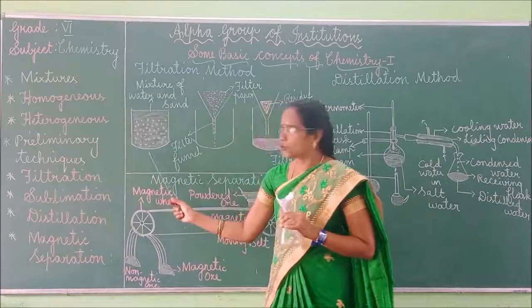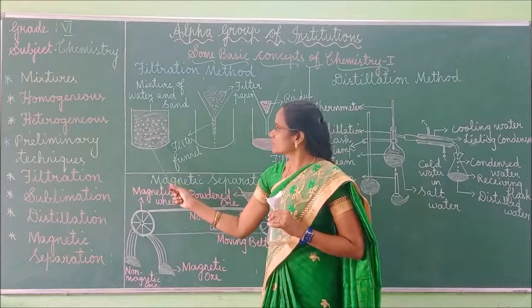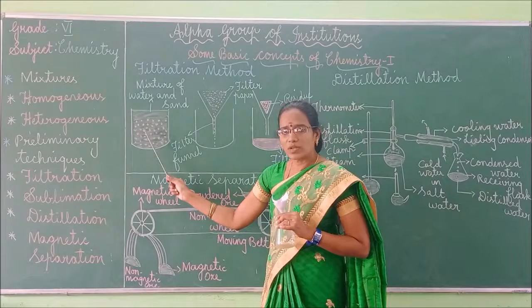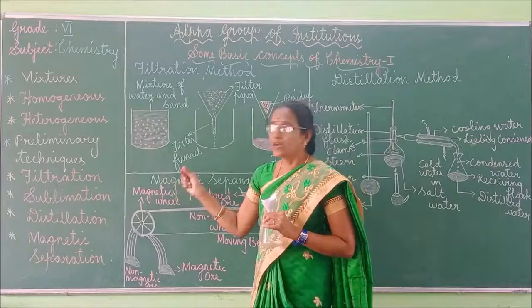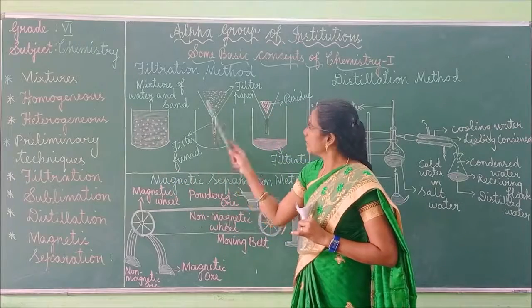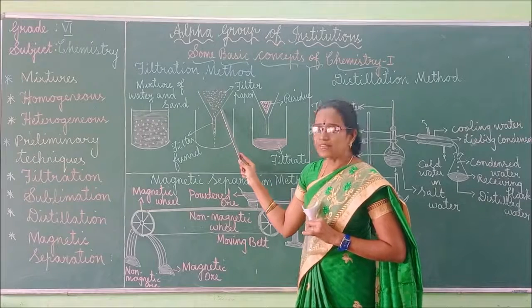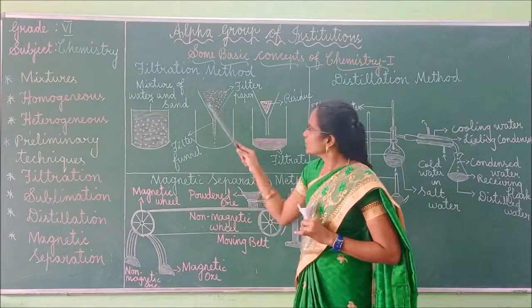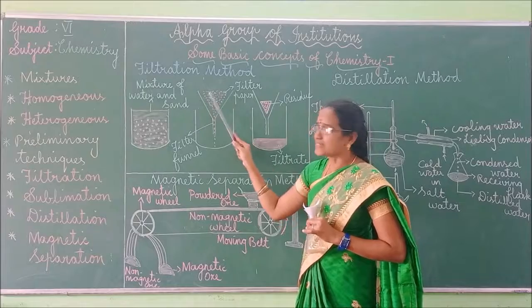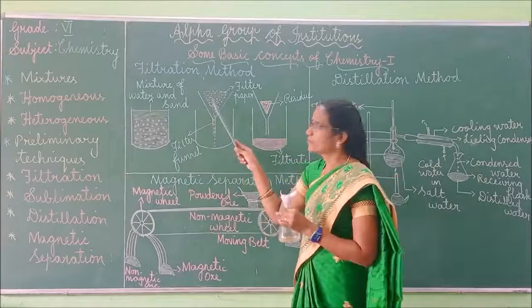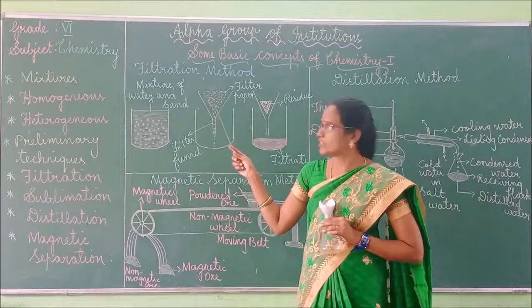Look at the board now. In this first beaker, a mixture of sand and water is given. In the second picture, one beaker is there and the funnel is inserted here. In this funnel, what is this? It is nothing but a filter paper. For filtration purpose, we are using this filter paper.